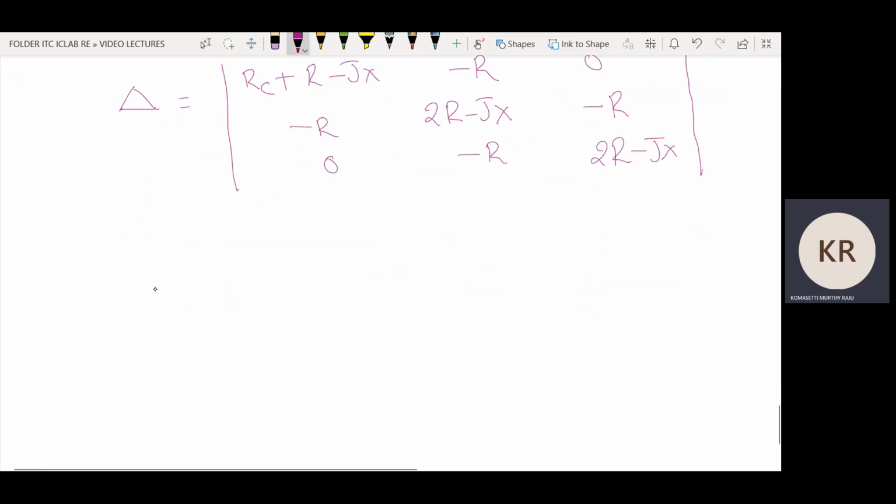For the simplification process, this R value is present in the first row, in the second row, and in the third row.